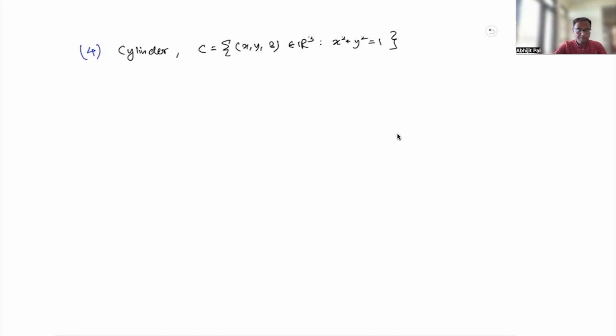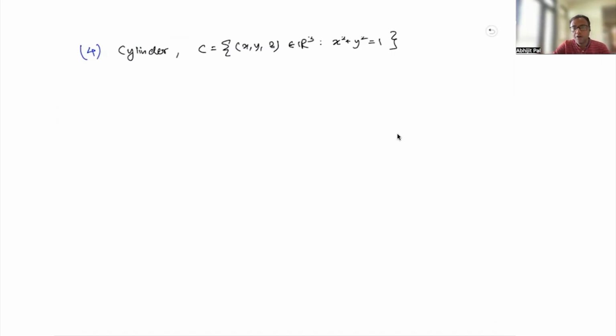Now let me give you a final example, the cylinder. The equation of the cylinder C is given by x squared plus y squared equal to 1 in R3. And let us take this normal unit vector field.